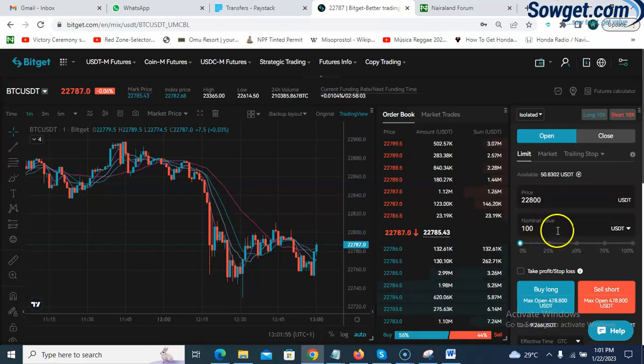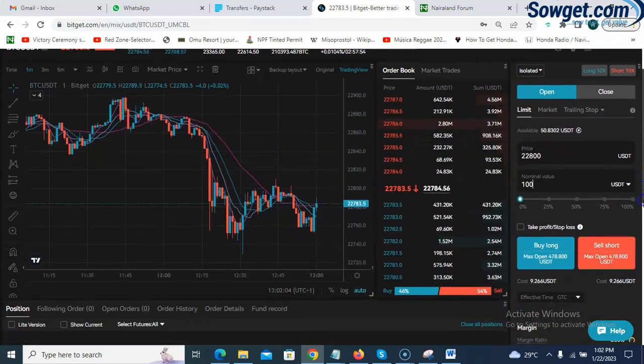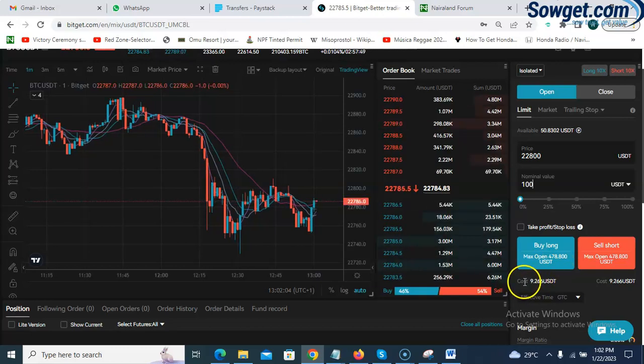My nominal value here, which is the total size of this trade, is 100 USDT for this order. So what is the cost? The margin, which is what we are seeing at the bottom here, you can see this cost. This is the margin that is required for me to open a limit order of 100 USDT.